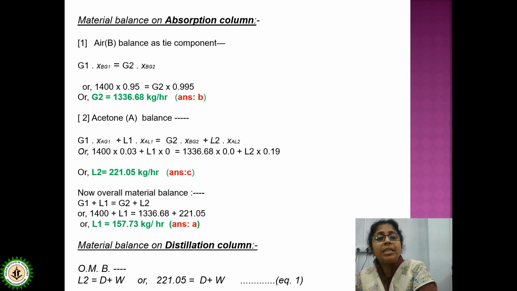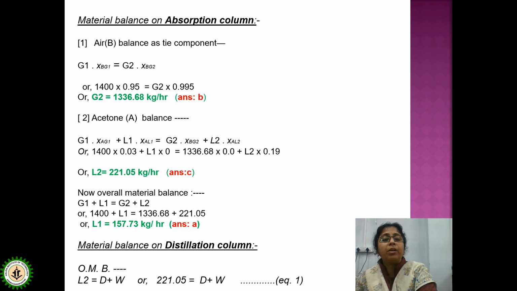Next, if you do the acetone balance on the absorption column, we can write the general equation this way: G1 into XaG1 plus L1 into XaL1 equals G2 into XaG2 plus L2 into XaL2. Now all the parameter values are given except L1 and L2.